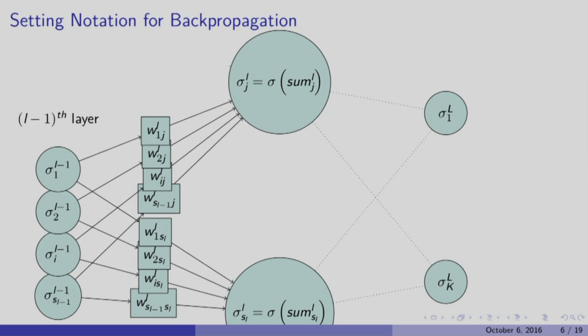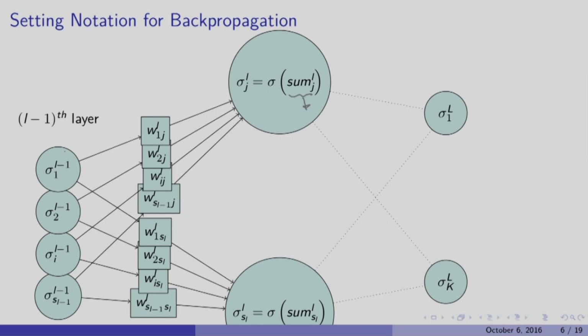So the notation for backpropagation will be as follows. We will use sum j(L) to denote the sum over all the inputs from the previous layer L minus 1, weighted by weights connecting the corresponding input from the (L minus 1)th layer to the activation unit in the Lth layer.